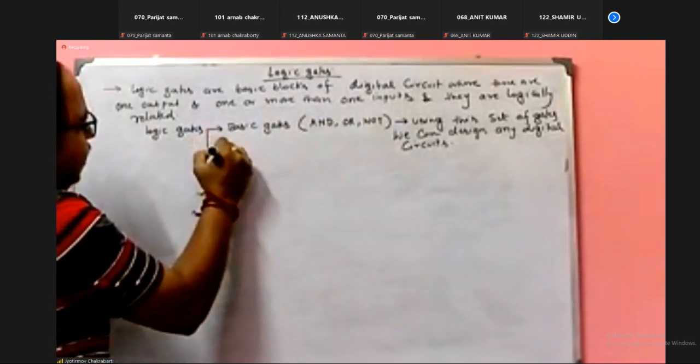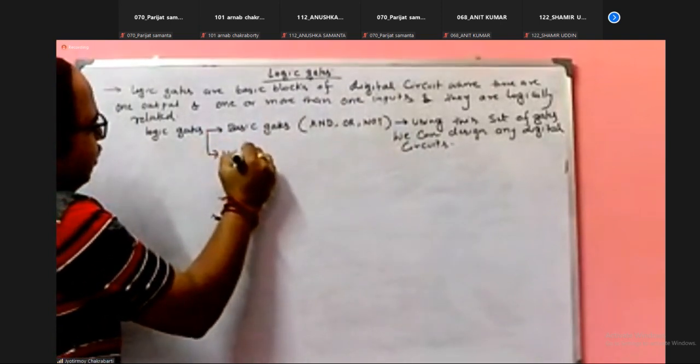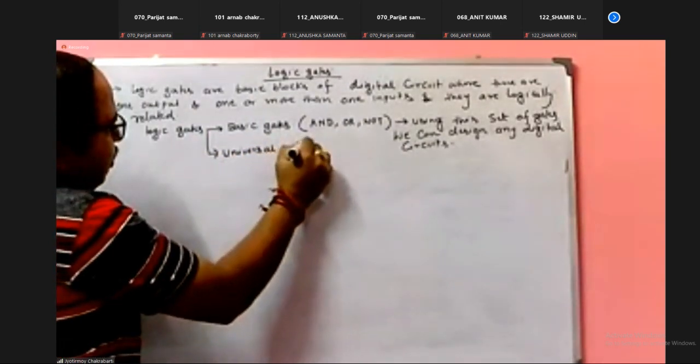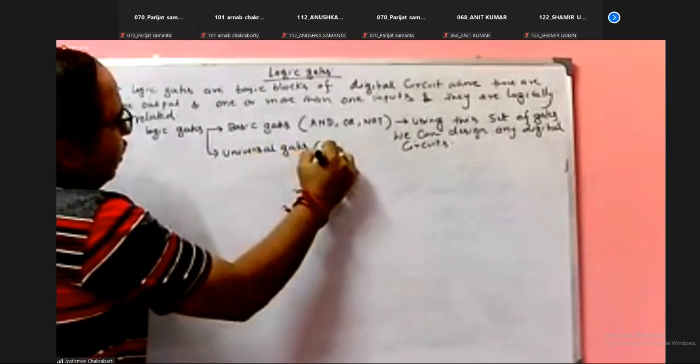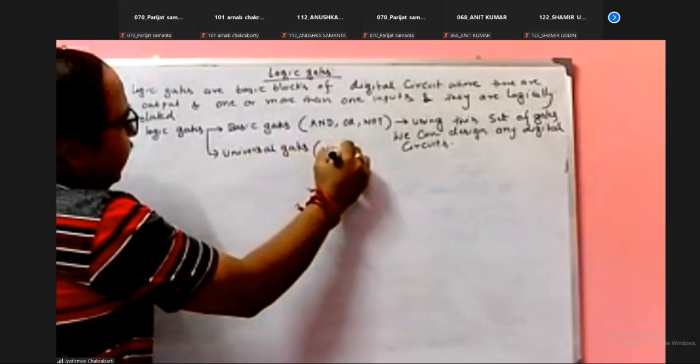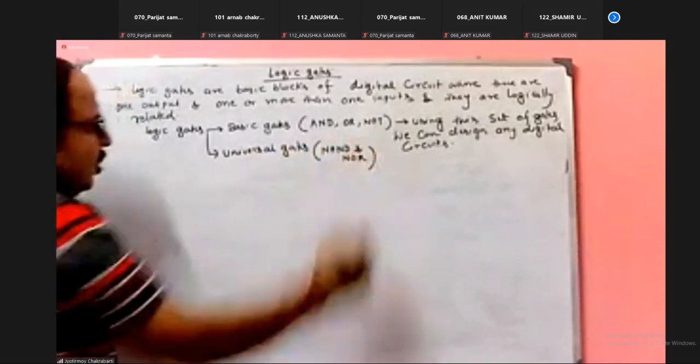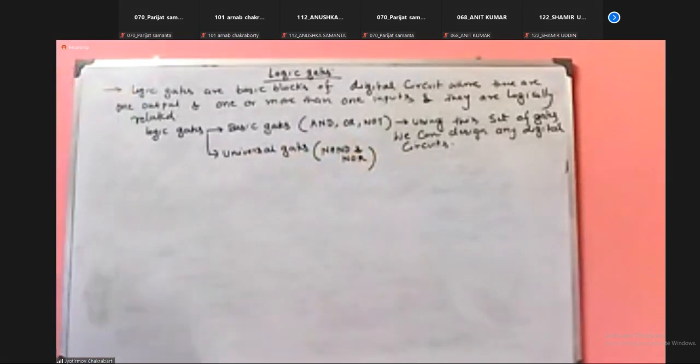Next is the universal gates. These are NAND and NOR. What was the definition of universal gates?